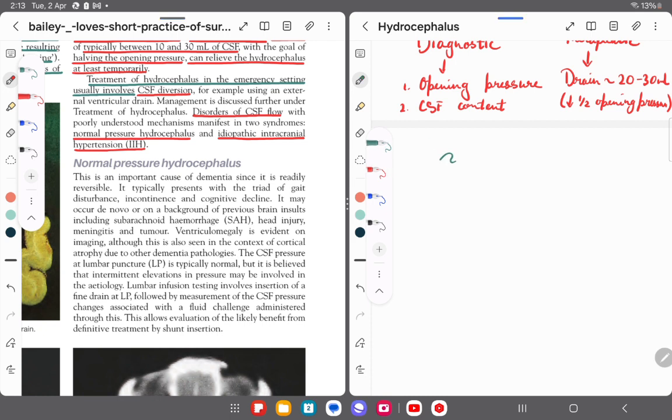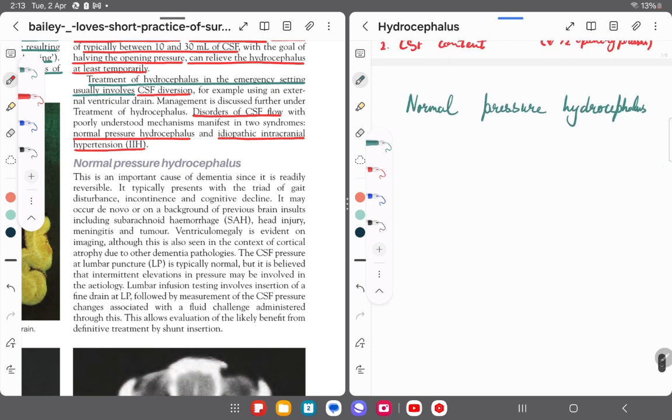So, normal pressure hydrocephalus. This is an important cause of dementia, since it is potentially reversible. It typically presents with a triad. What is the triad?